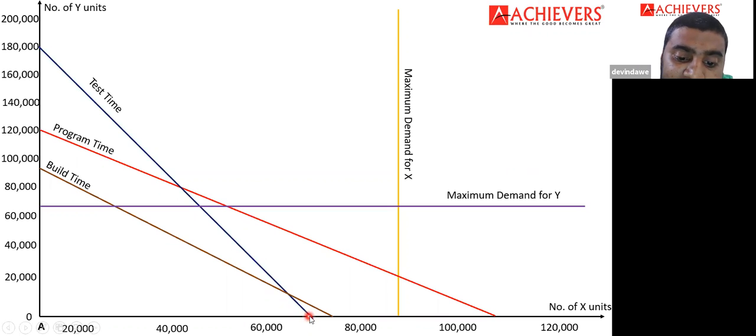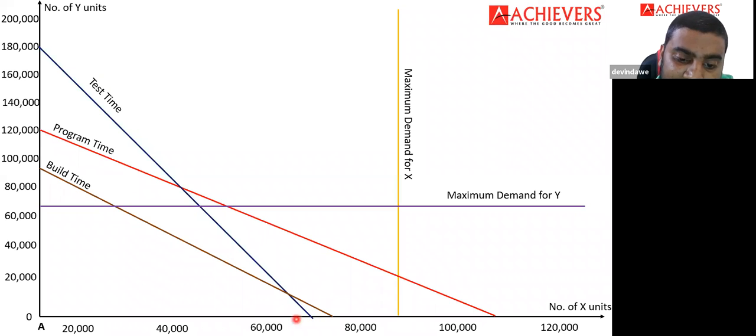Because I don't have any more time of the test department remaining for me to produce more X units. I have reached the maximum amount of test department resource I have, and I can't produce any more units without the test resource. So I have to stop from here. Clear? Any questions on that?